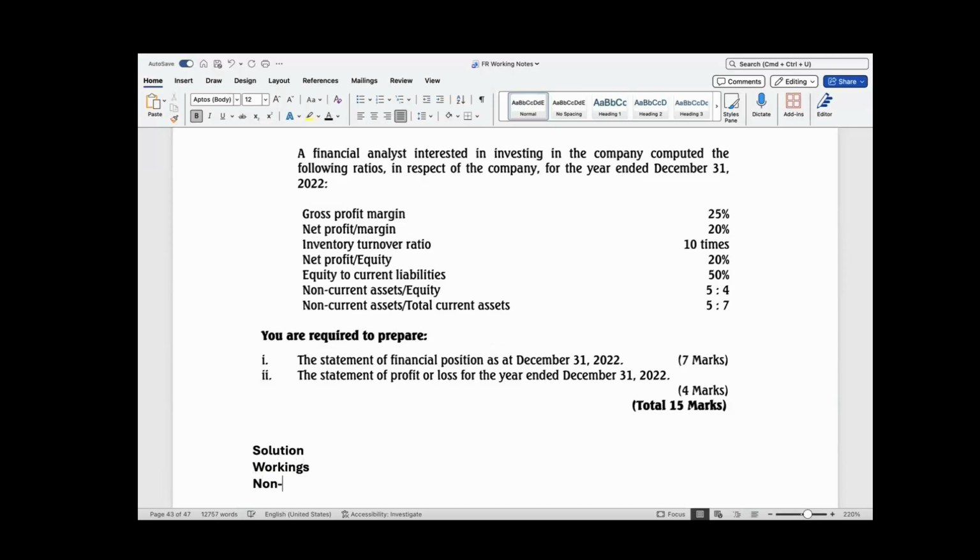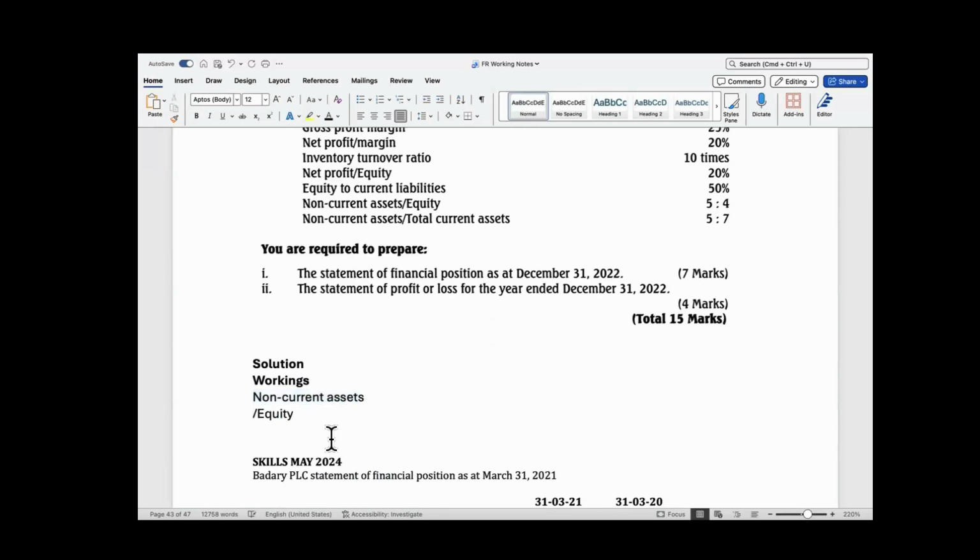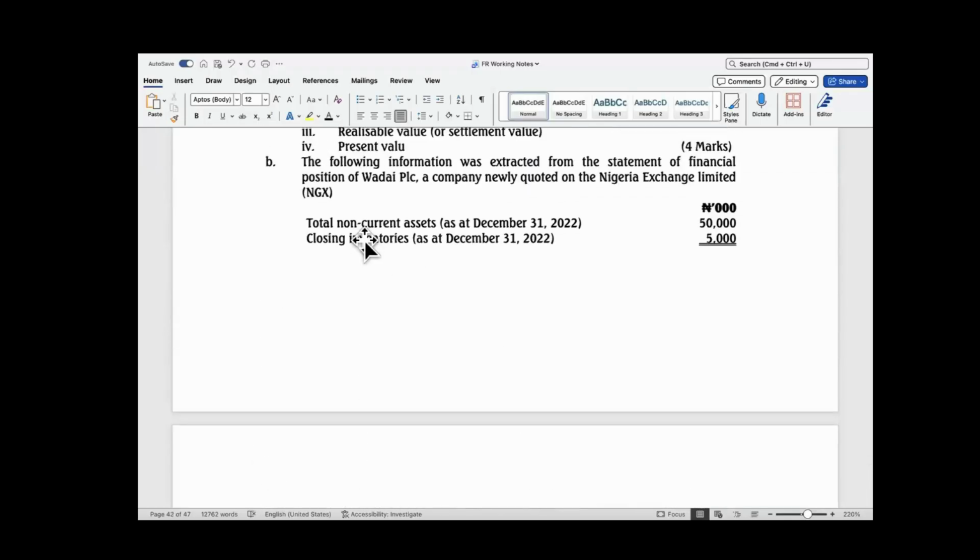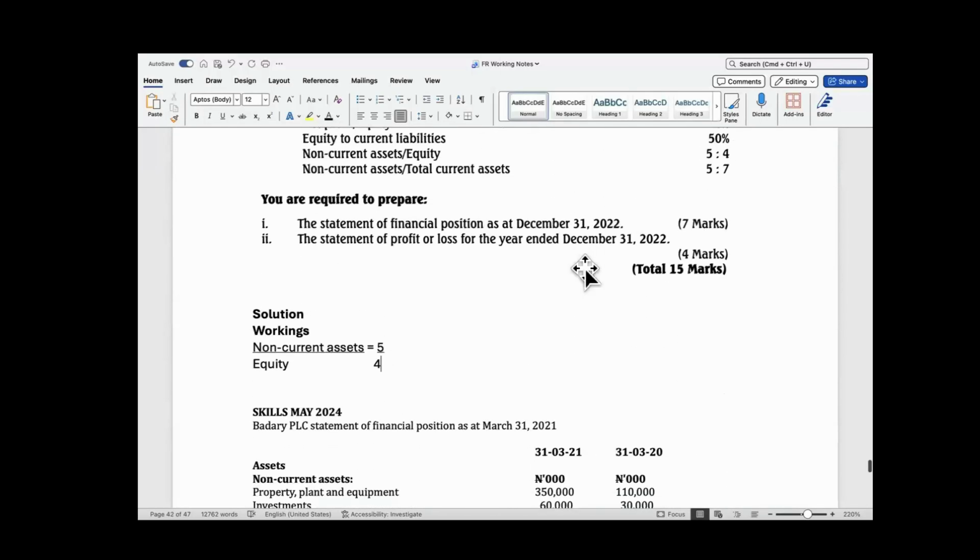My non-current assets to equity ratio was given as 5 to 4. Let me express it this way: non-current assets all upon equity equals 5 to 4, which means 5/4. They already gave me non-current assets as 50,000.